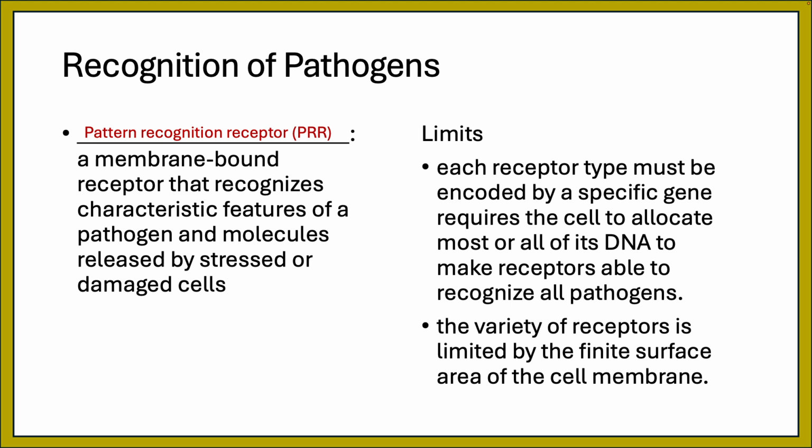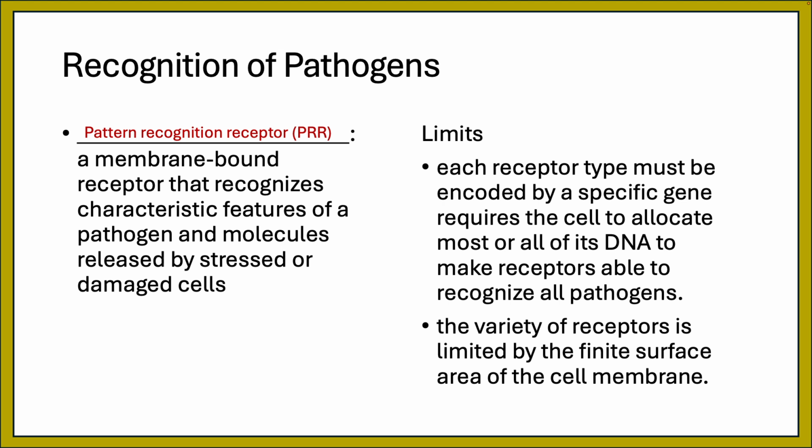So it might recognize a bacterial cell wall, for example, and therefore that is going to be how they respond. There's limits to this, so each receptor type must be encoded by a specific gene and requires the cell to allocate DNA to making this recognizable. This means that you're going to have a limited variety of receptors, both in what can be expressed as well as what can actually be found on the surface of the cell membrane.